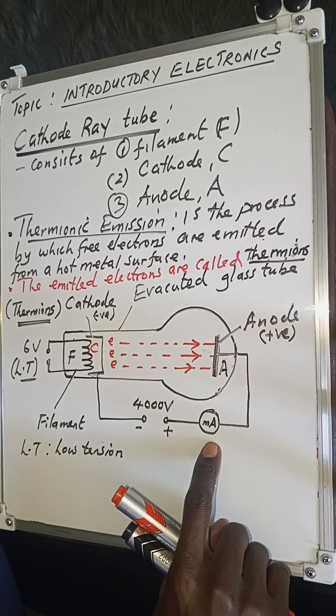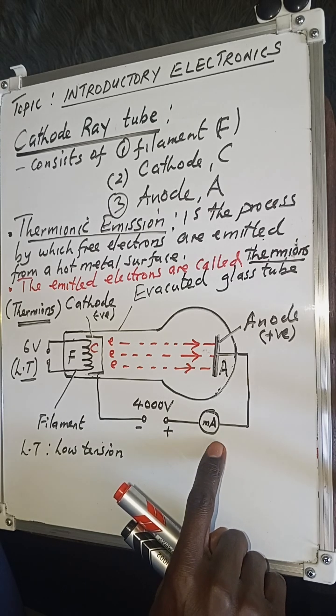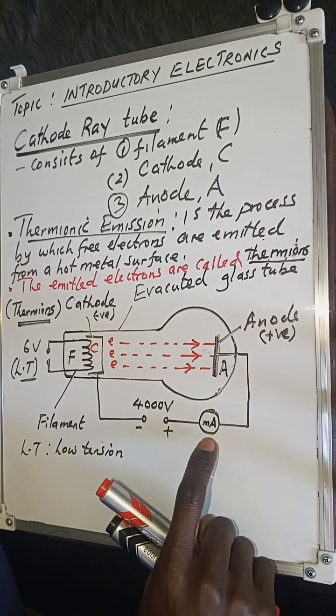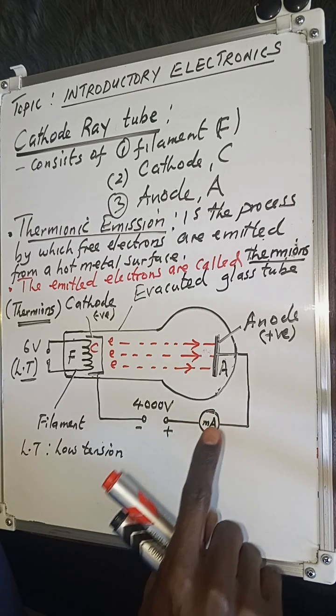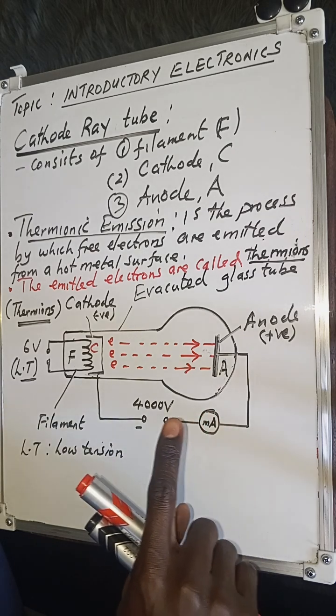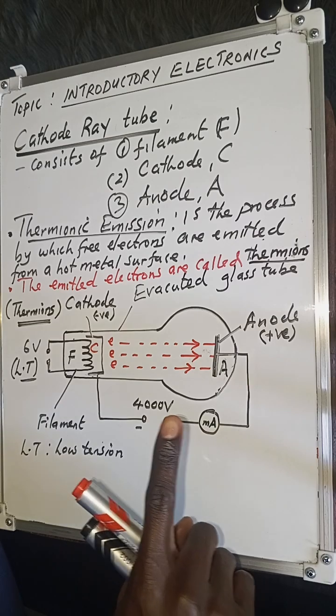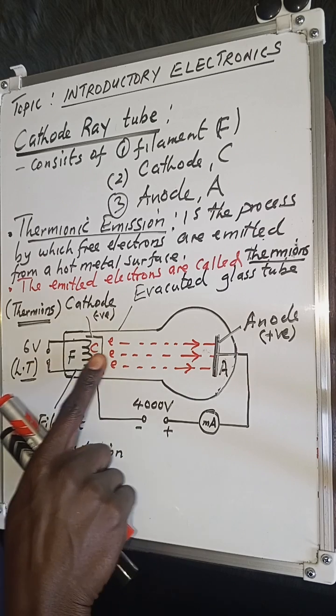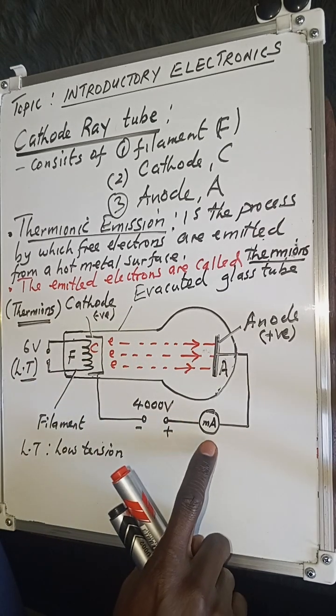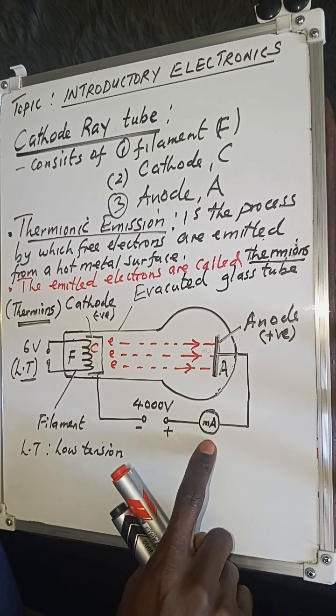Well, in this case, the milliammeter in the circuit shows the current. If it records a current there, it helps you to prove that the negatively charged electrons are moving from the cathode to the anode, because the circuit will be complete. As the electrons are moving there, you are supposed to have a current in this milliammeter.